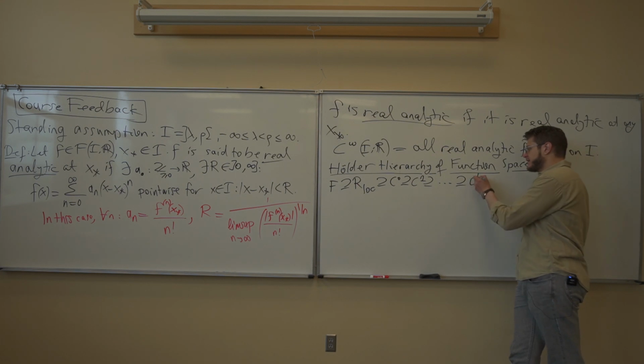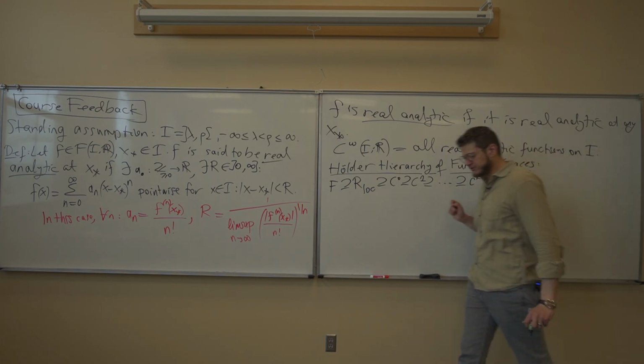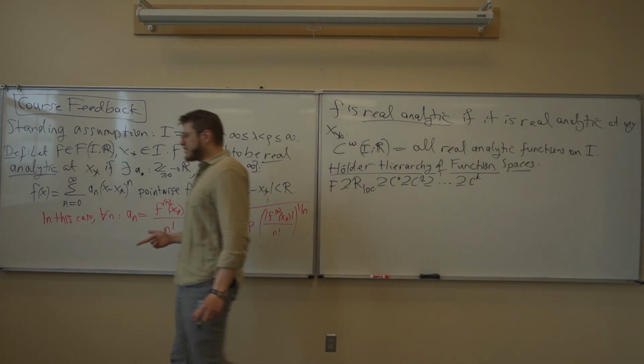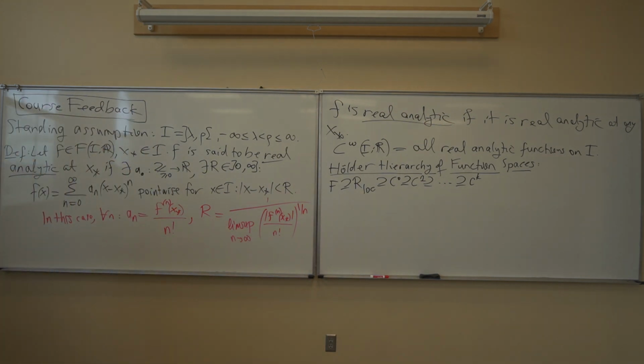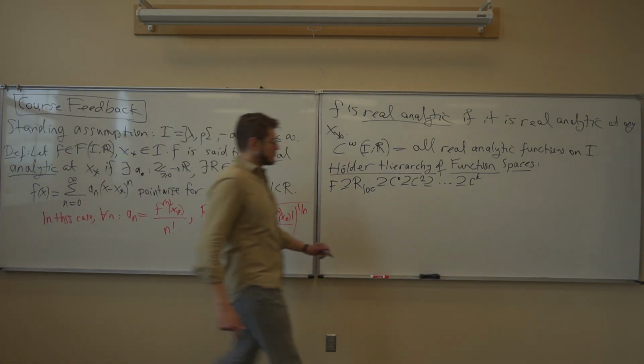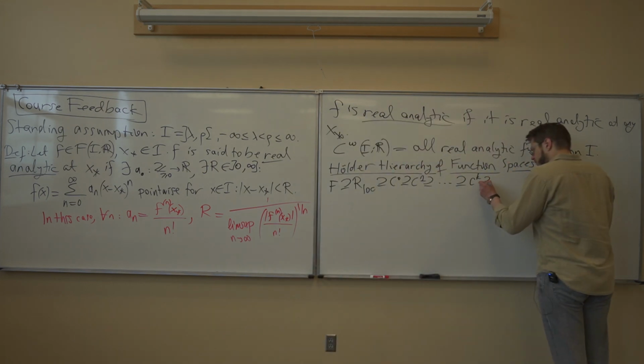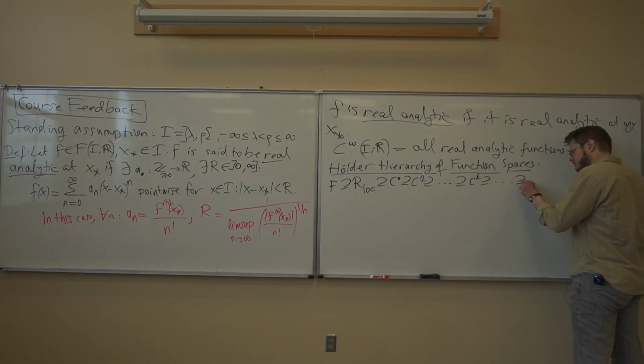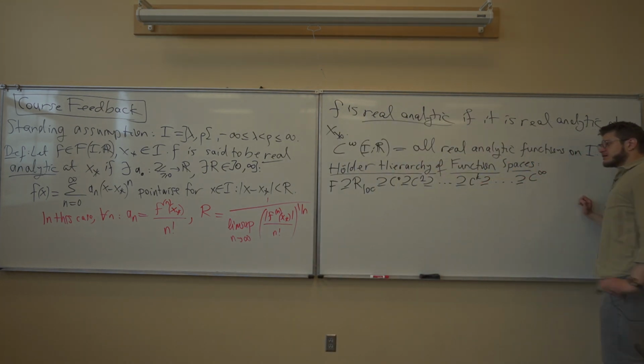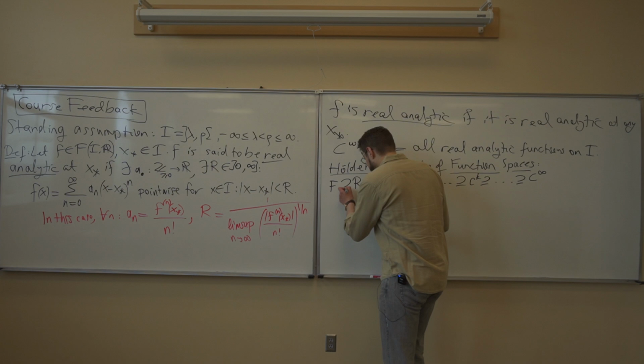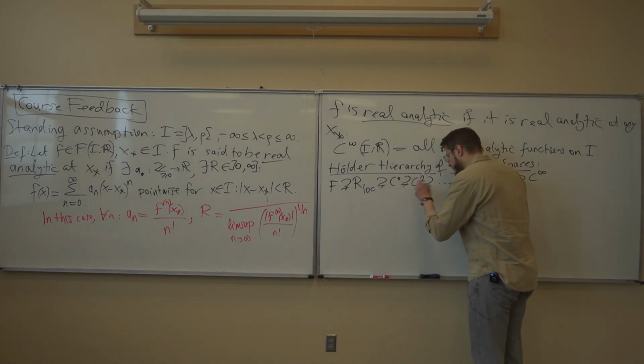And then you have Ck, k times continuously differentiable. So you have k derivatives, and the kth derivative itself is continuous. Then I can keep going like this, and I reach the set of all infinitely differentiable functions. And even though I'm writing this like this, these are all strict inclusions.